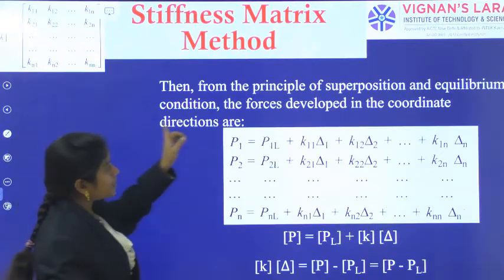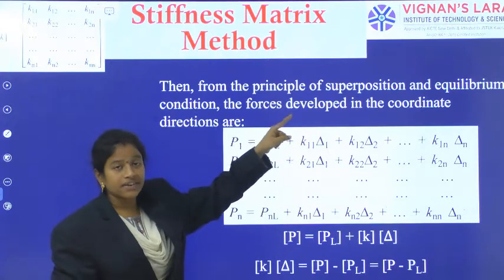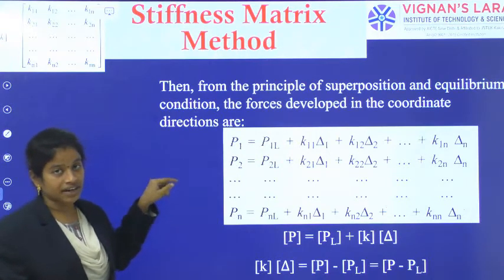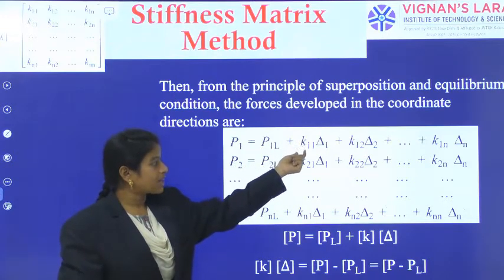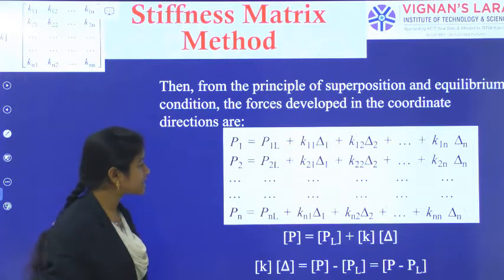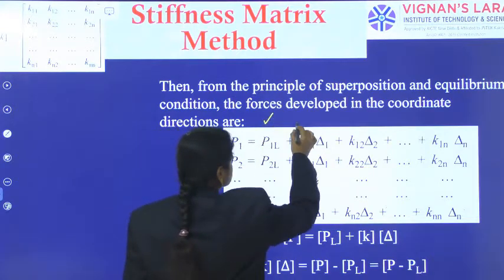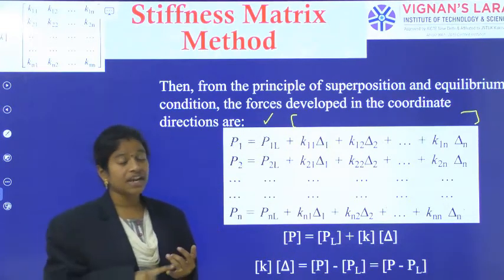Then, from the principle of superposition and the equilibrium condition, the forces developed in the coordinate system can be written as P1 is equal to P1L plus K11 delta 1 plus K12 delta 2. So, what are the things here? The principle of superposition and the equilibrium condition.